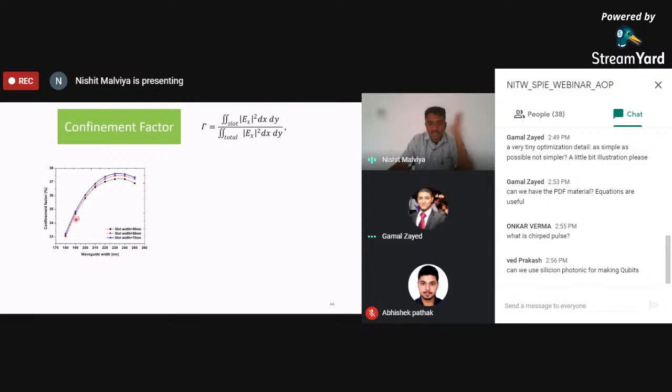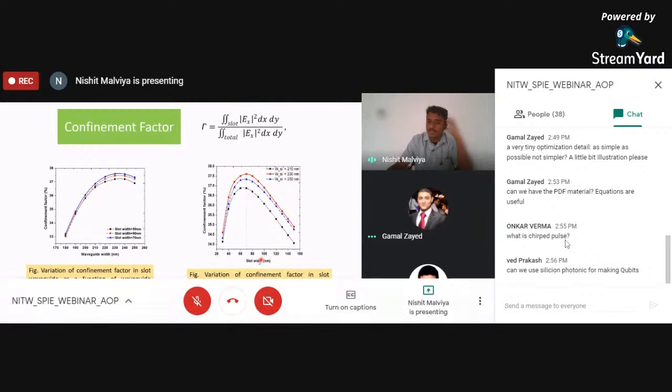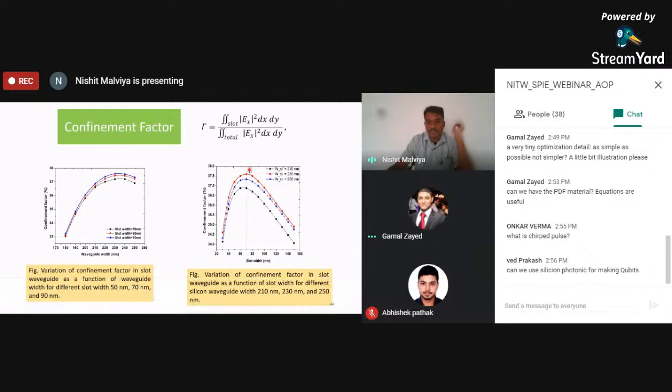This is one way to make it simple, and we find the higher confinement factor here. In a similar manner, in the second step, I fix the waveguide width and increase the slot width, and find the confinement factor. So the first phase of the optimization is complete.